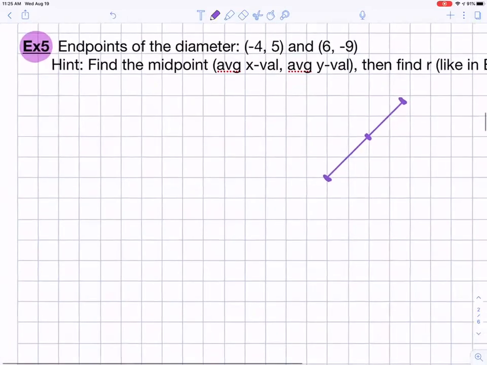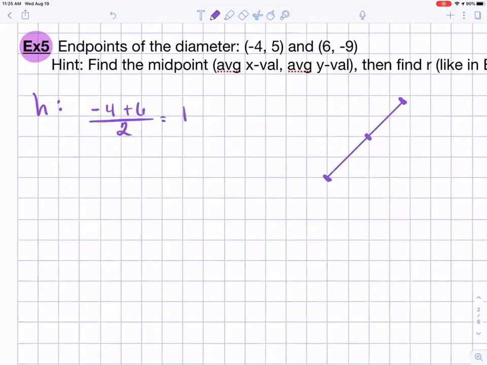So average x value, I'm going to just say H here, because this is what I'm looking for. Talk to me about the math that I have to do to find the H piece of my center. Okay, and what does that give you? 1.